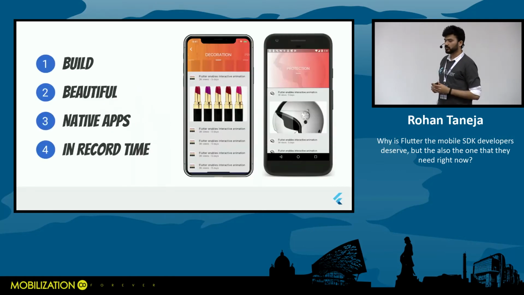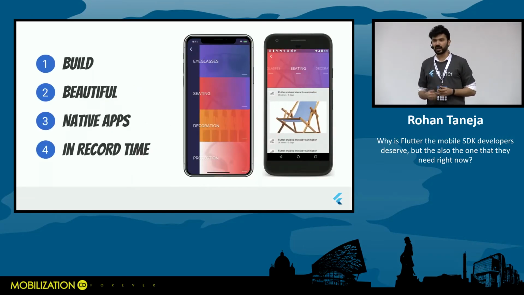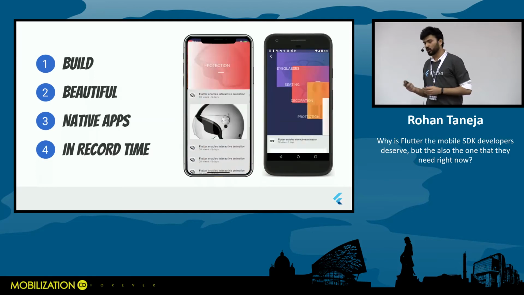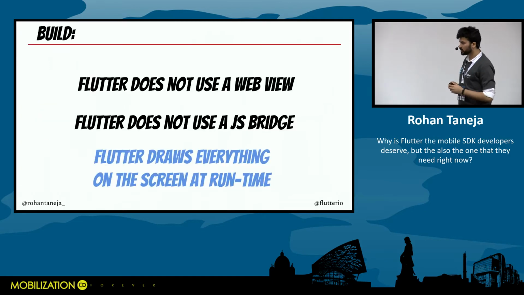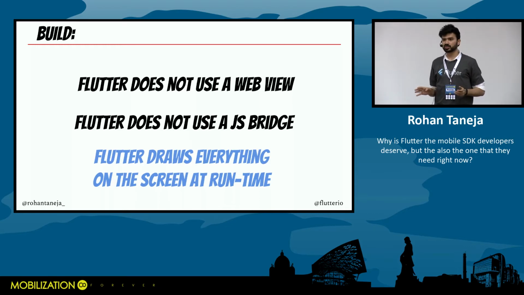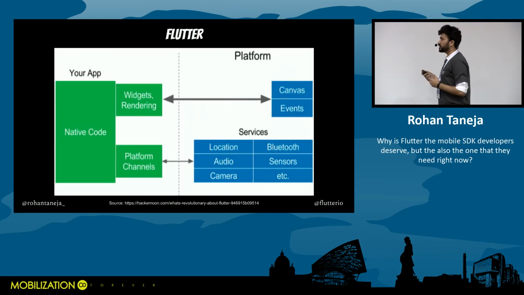So like I said, Flutter helps you build beautiful native apps in record time. We'll go over all 4 of these one by one. So how does it build apps? Flutter does not use a web view. It does not use a JavaScript bridge. Flutter draws everything on the screen at runtime. So immediately when you think about it drawing on the screen, how does it do that? It does that because it uses a renderer.